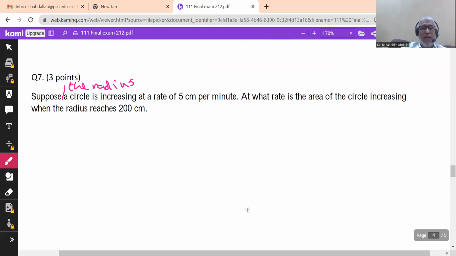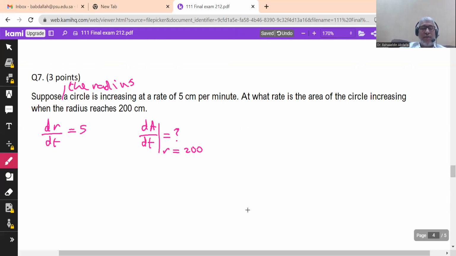So if we call the radius r, then dr by dt is 5 centimeters per minute. At what rate is the area of the circle increasing? So dA by dt, what is dA by dt, when the radius is 200 centimeters?